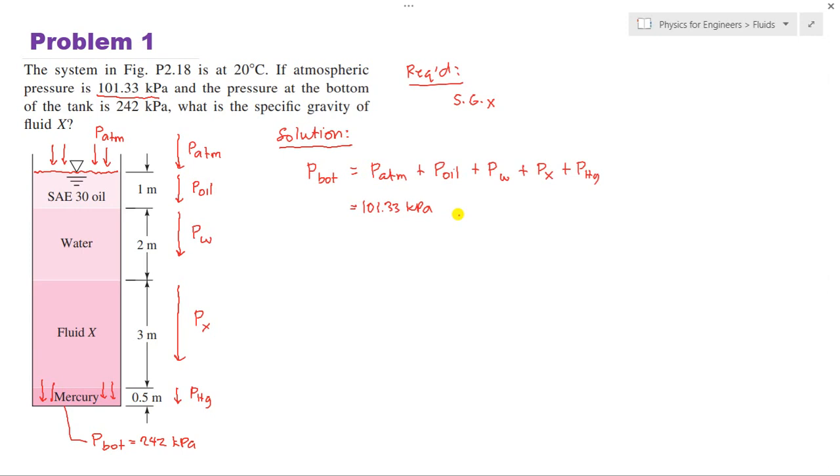Okay class, again, what is the formula for pressure? The formula we derived earlier for pressure at any type of fluid is equal to what, class? What is the formula?